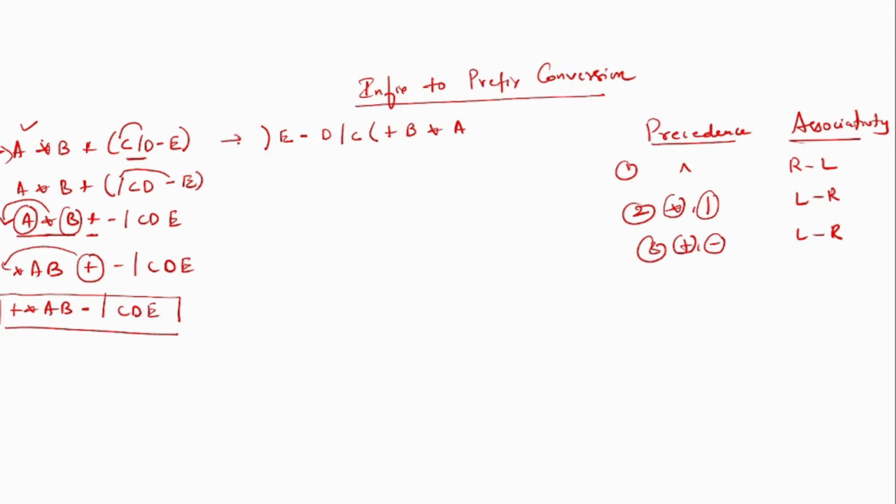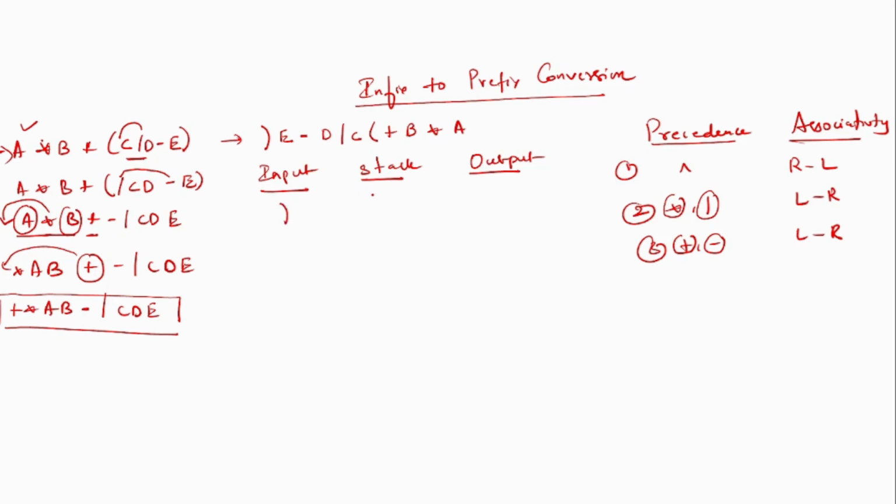Now let us convert this expression into prefix using stack. I will write here input, stack and output. Now the first token that is there is the close bracket, right?